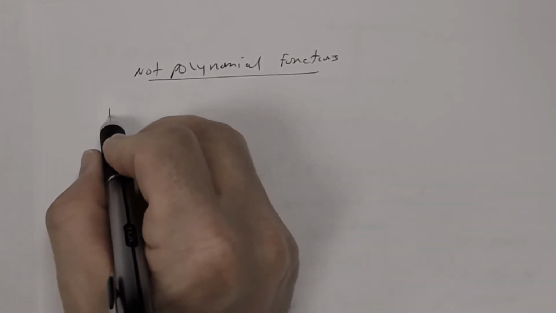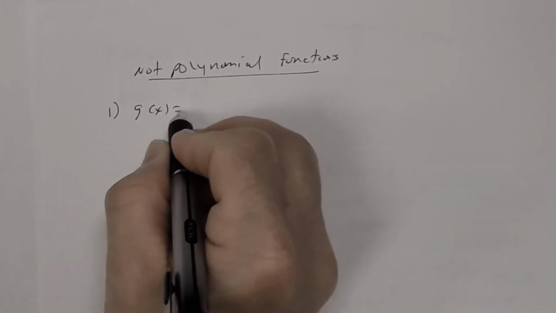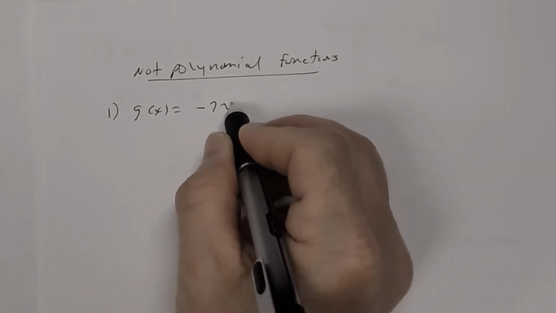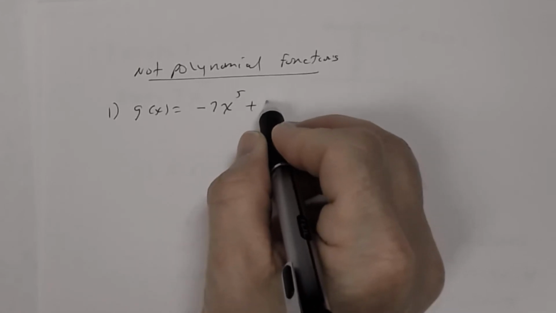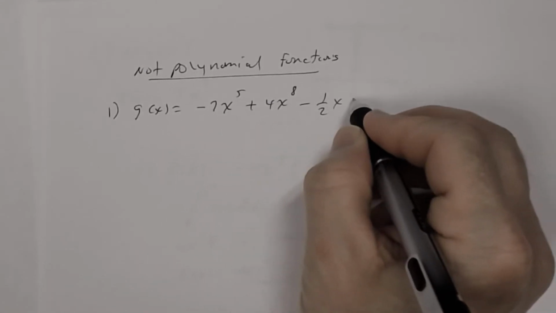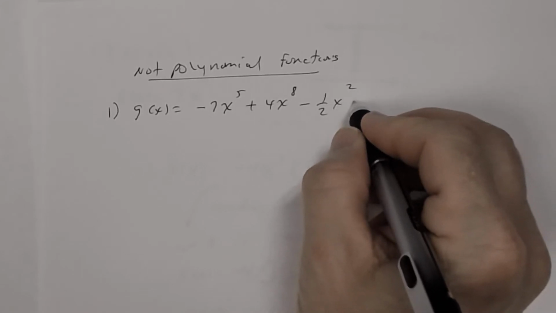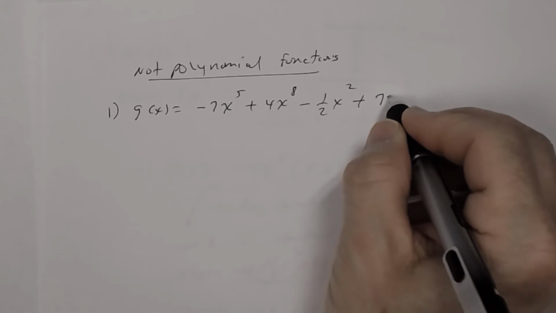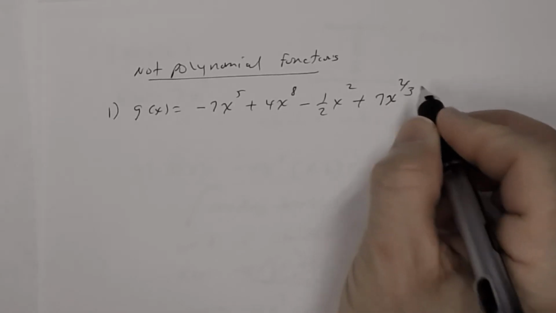So number one, g of x is equal to, let's say, negative 7x to the fifth plus 4x to the eighth minus 1/2 x squared plus, let's say, 7x to the 2/3.